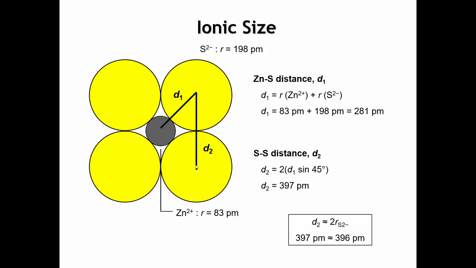So now the sulfur ions are practically touching. We're getting unfavorable electron-electron repulsions between the sulfurs. And if you know anything about the crystal chemistry of zinc sulfide, you know that the structures it adopts, wurtzite and zinc blende, both have 4-coordinate zinc rather than 6-coordinate zinc.